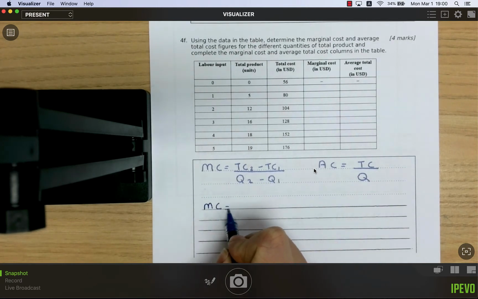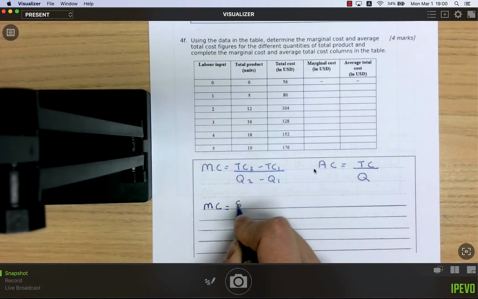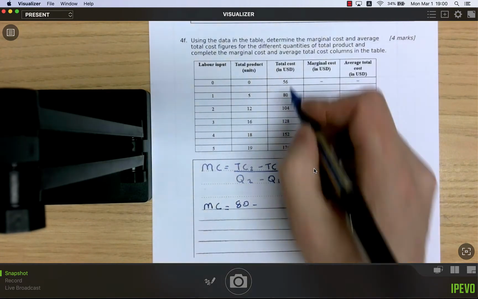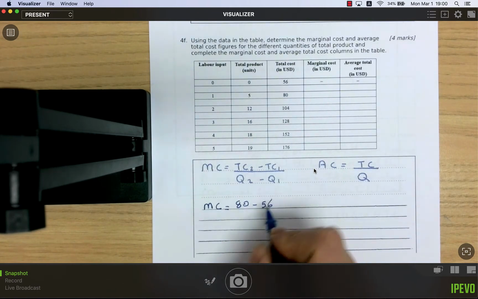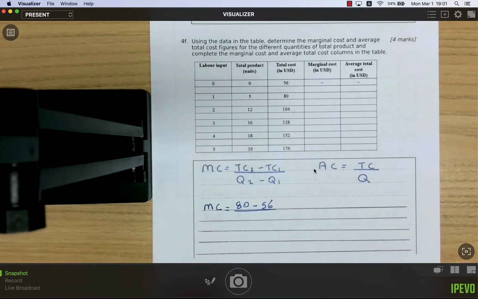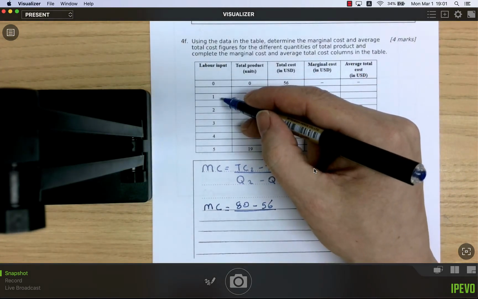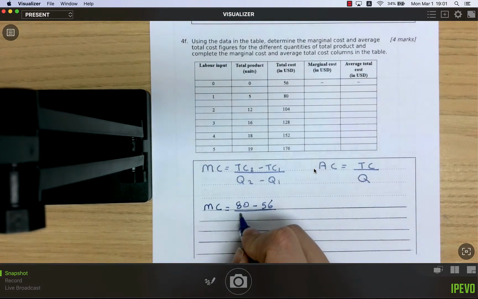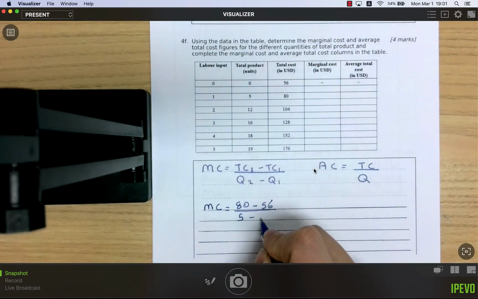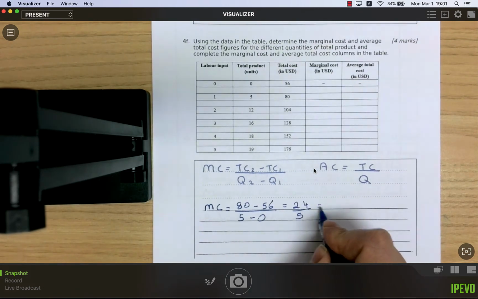Total cost: the second total cost of 80 minus the first total cost of 56, over what now? Quantity 2 minus quantity 1. Quantity 2, after we've hired one more unit of labor, is 5, and quantity 1, when we had no labor, was 0. So this becomes 24 over 5, which is 4.8.